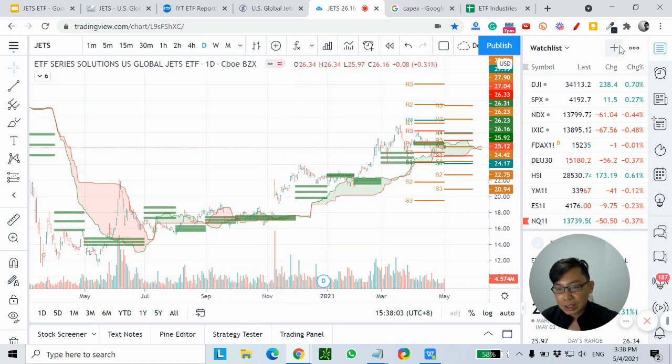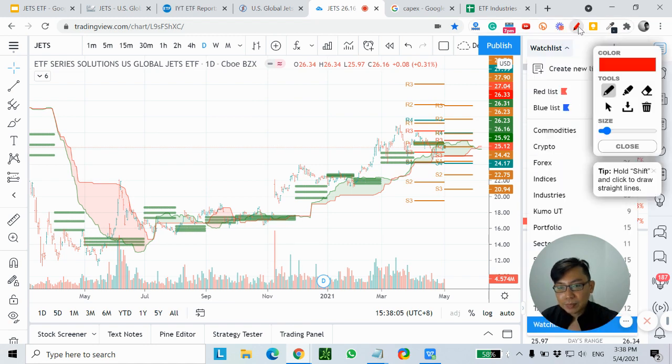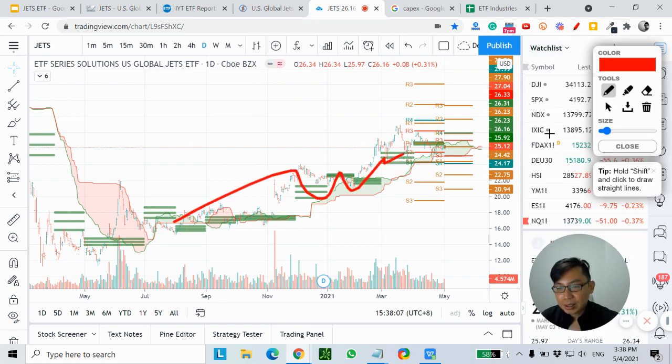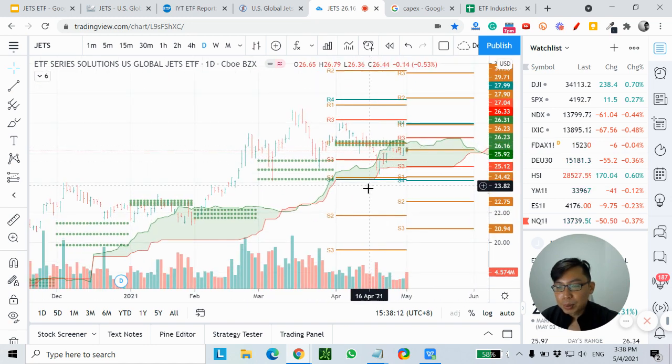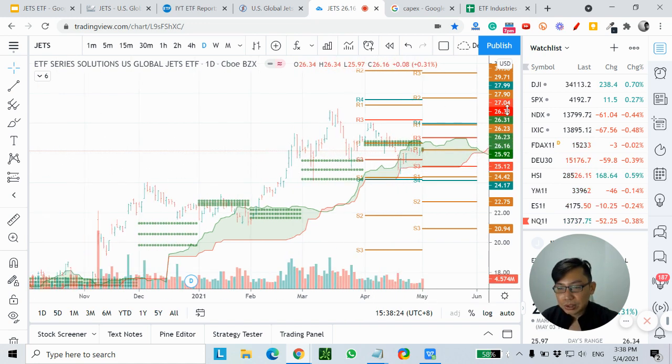So right now, price is generally on an uptrend. It is below the CPR, but it's above the cloud. So generally, you can see that price is overall still in an uptrend.